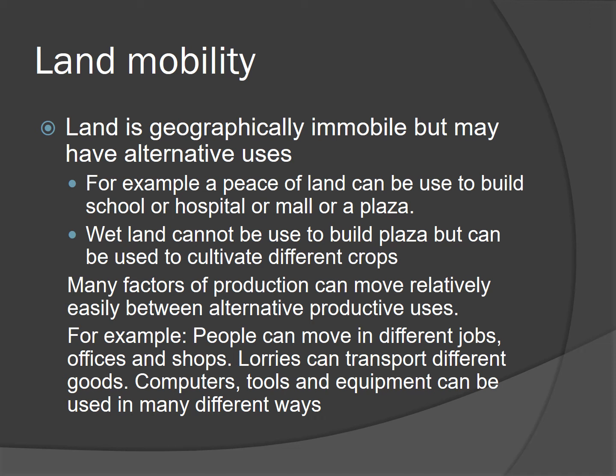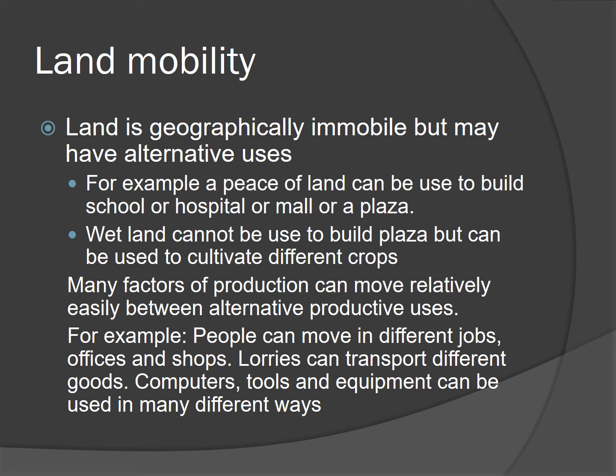Land mobility. Land is geographically immobile but may have alternative uses. For example, a piece of land can be used to build a school or hospital or mall or a plaza. Wetland cannot be used to build a plaza but can be used to cultivate different crops.